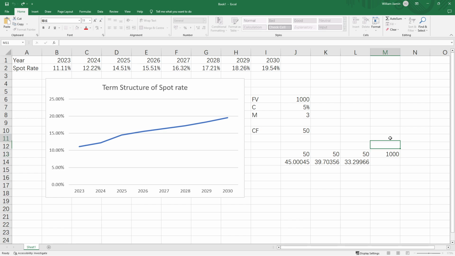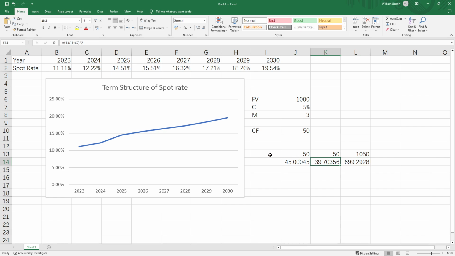Okay, so I'm going to simplify this by just changing this to plus 1,000 and equal. So the discount rate will change.